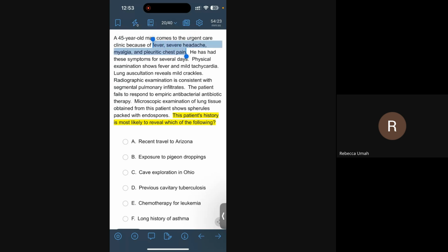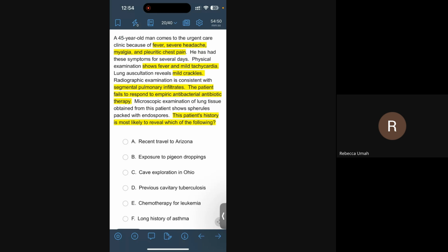A 45-year-old with severe headache, myalgia, and pleuritic chest pain. The patient fails to respond to empiric antibacterial therapy.